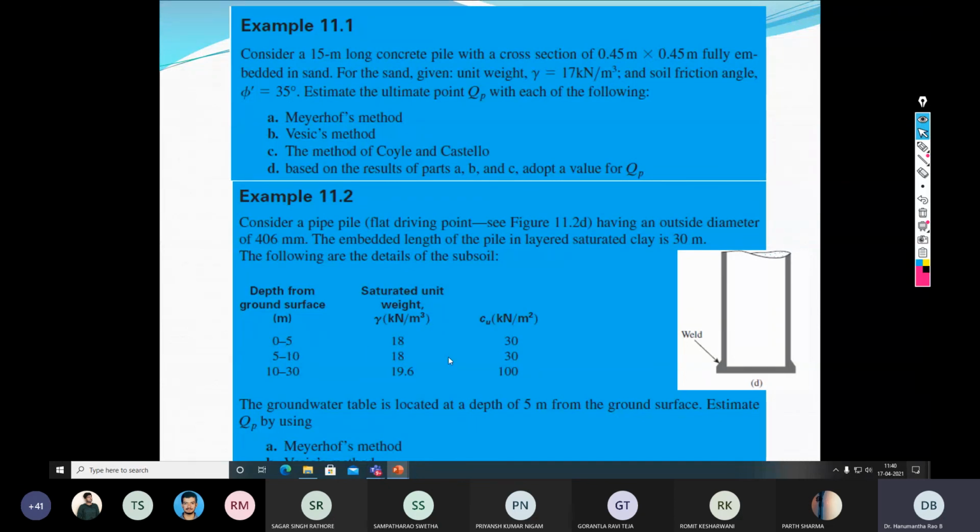From 0 to 5 meter it is 30 kilopascal, 5 to 10 meter it is 30 kilopascals again, then 10 to 30 meter it is 100 kilopascals. The groundwater table is located at a depth of 5 meter from the ground surface. Estimate QP by using Meyerhof method and Vesic method. So first note down the sum.